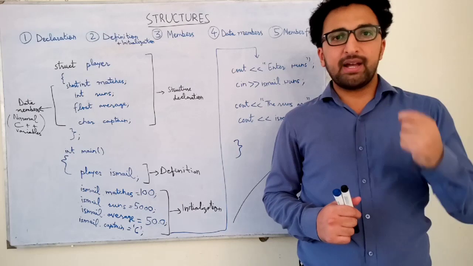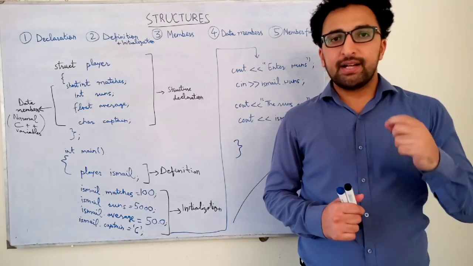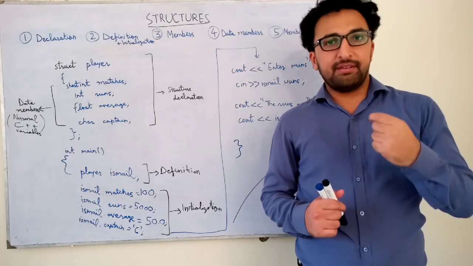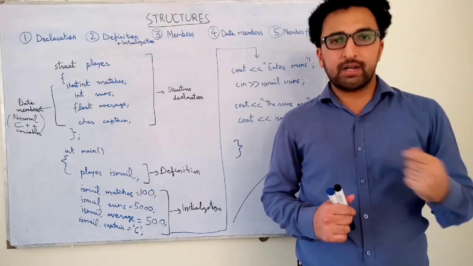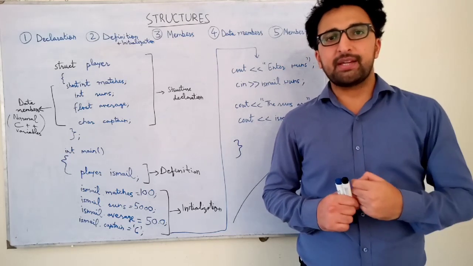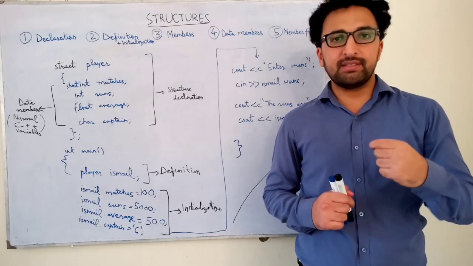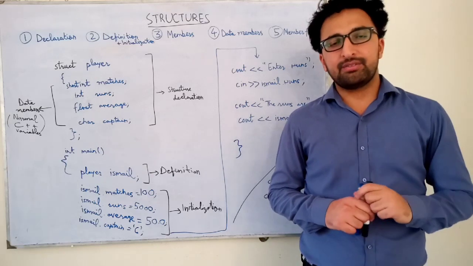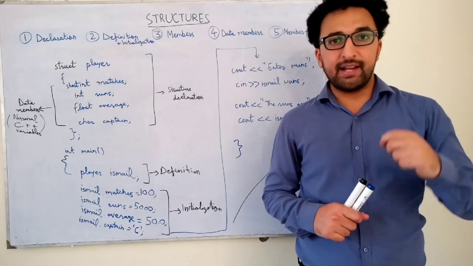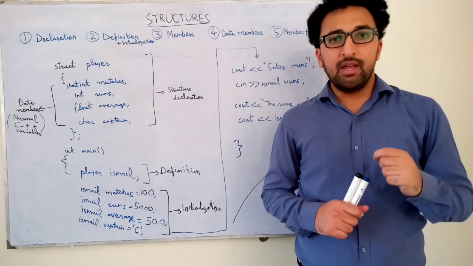The name might be a character array or a string, the age might be an int, the GPA might be a float or a double, and the pass fail status might be a character that holds the value p or f. So these are the things that we need to store that are related to a single student.